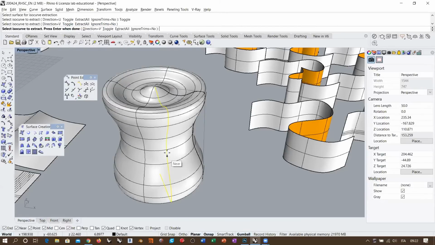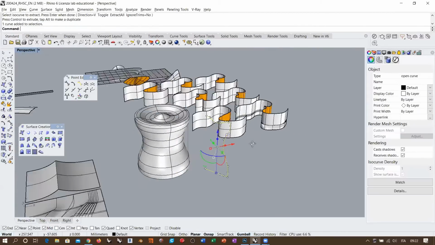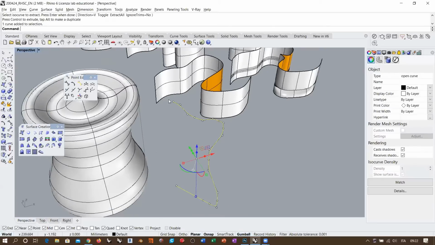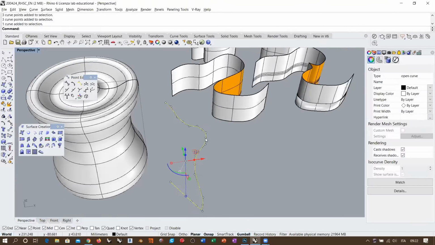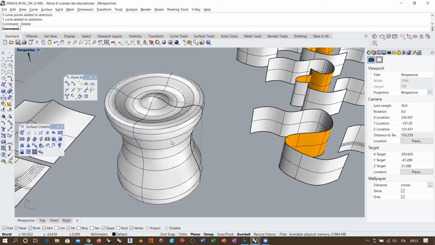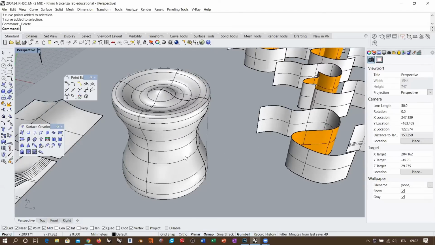So if I extract this isocurve here and move it away and select it, we can recognize exactly the same topology, and the tangency, 3 points for deforming in this area, 3 points here, and so on. Okay, you see that the surface keeps the initial topology of the profile curve intact and uses the topology of a circle for the other direction of the isocurves.